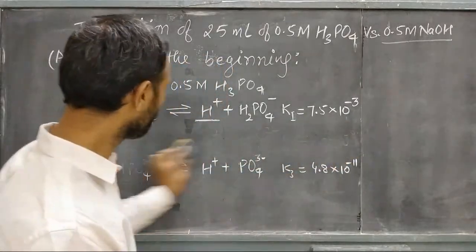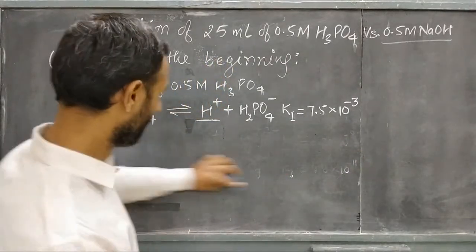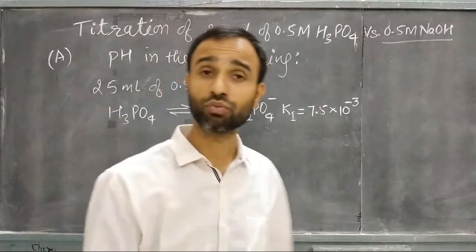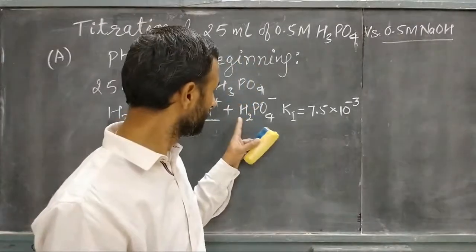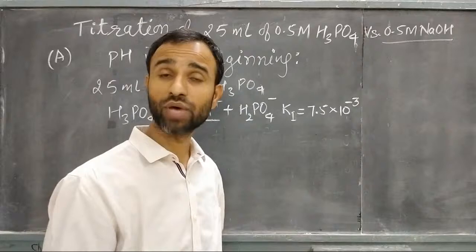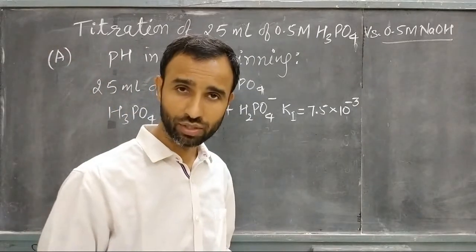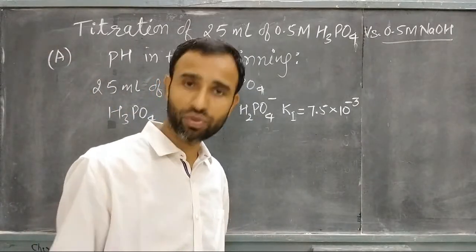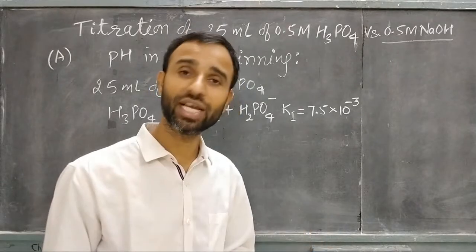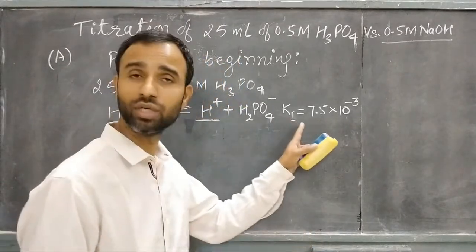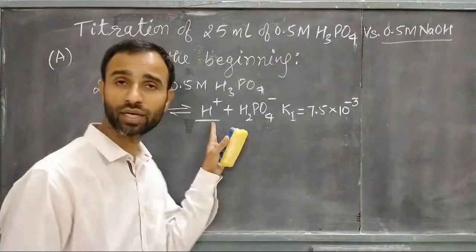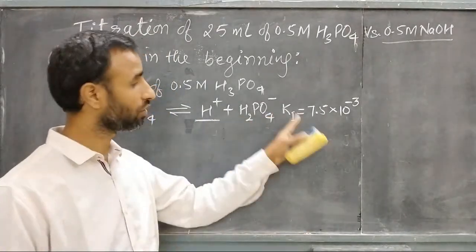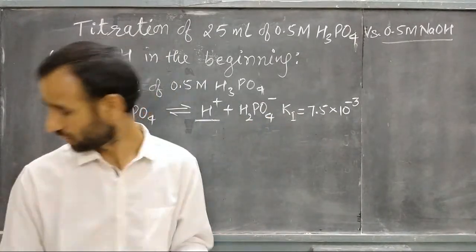There is no role of K2 and K3 because K1 value is highest, K2 value is very less, K3 is still very less. That's why the main contribution towards H plus ion is of K1, right?